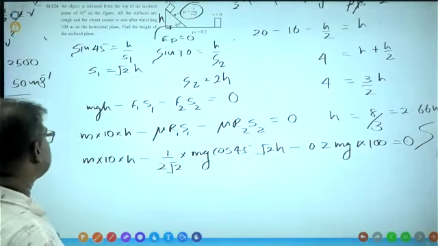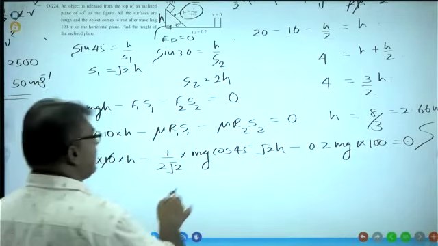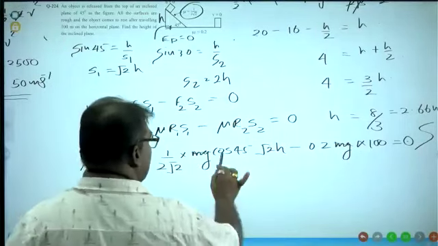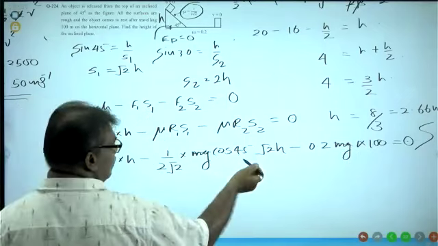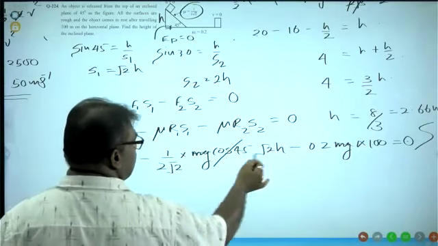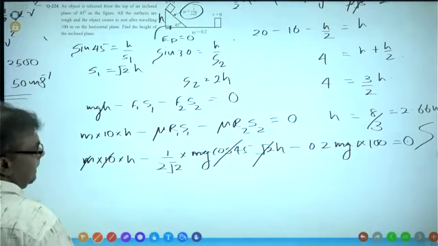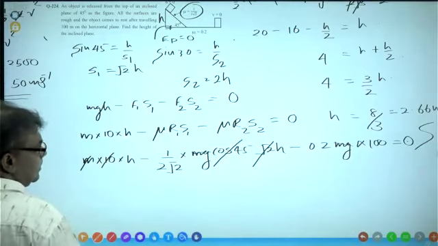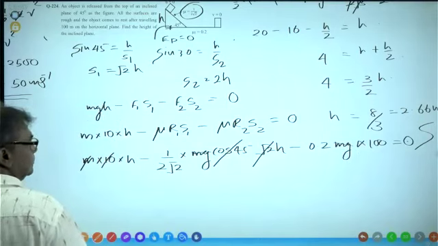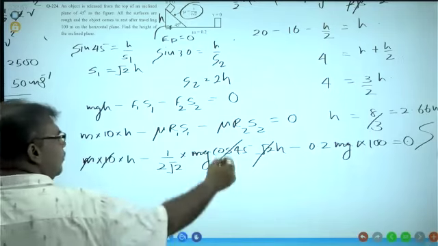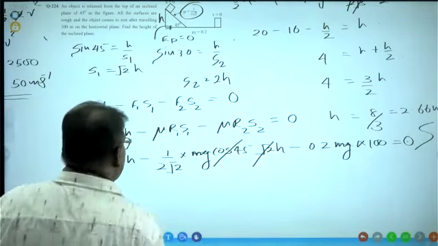All the terms have mg now. mg cancel, mg cancel, mg cancel. The rest is cos 45, 1 over root 2. This one and that one cancel, no? Yes. 1 over root 2 cancels.